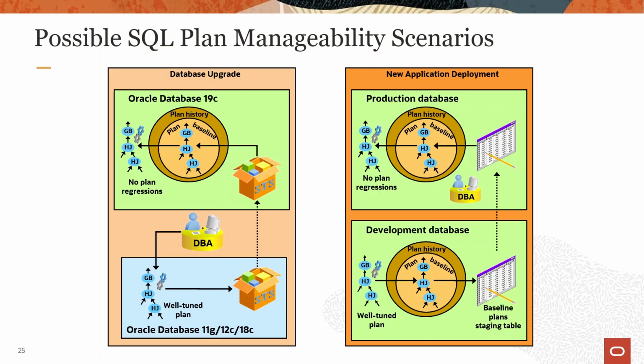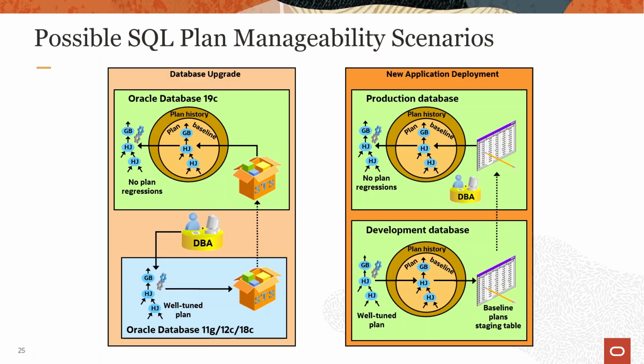Then you upgrade your database to 19C, but before the application starts working upon the 19C database, you load the execution plans and the according SQL text from that SQL tuning set into the SQL Plan Management base.